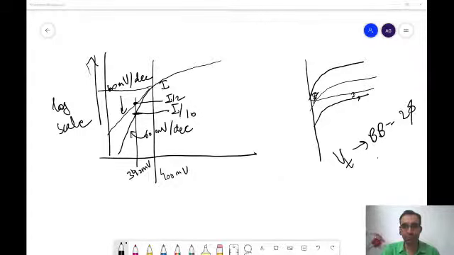Sir, in that case, I will have to fix some current, that okay, if this much current appears, I'll say the VT has hit. Yes. So one of the very common definitions of VT that industry uses is the voltage at which you have 1 microampere per micron width of current flowing through a device.